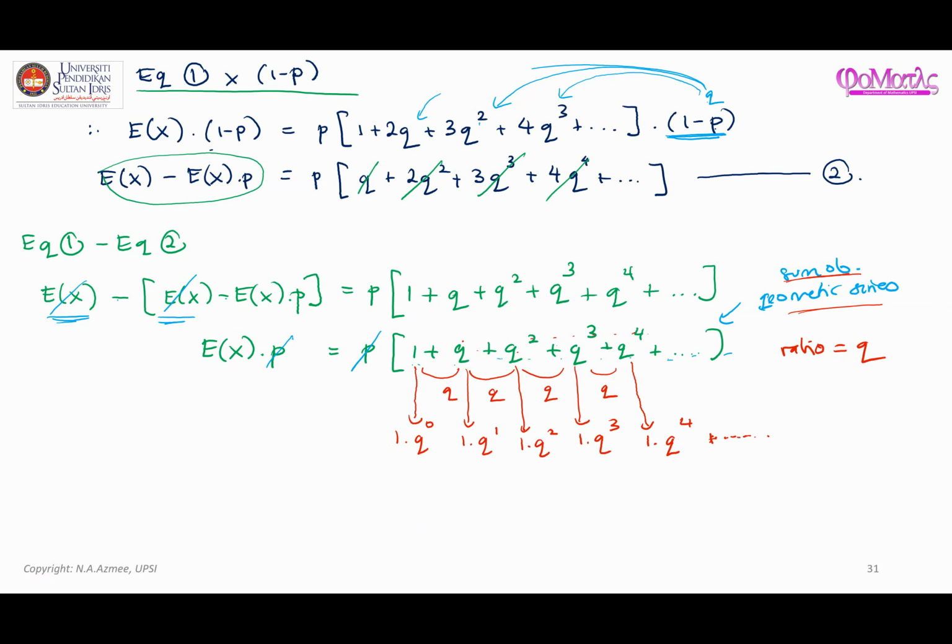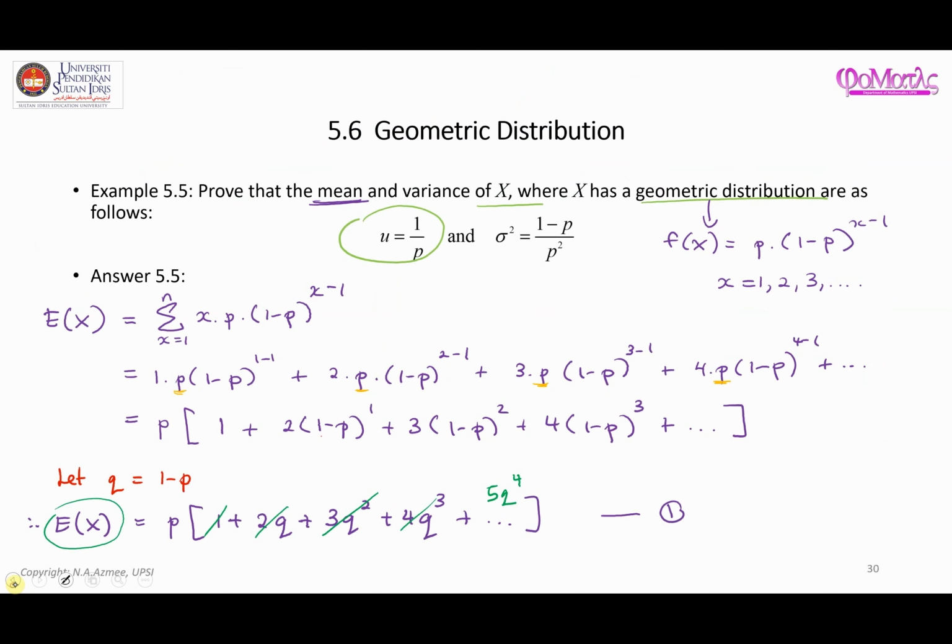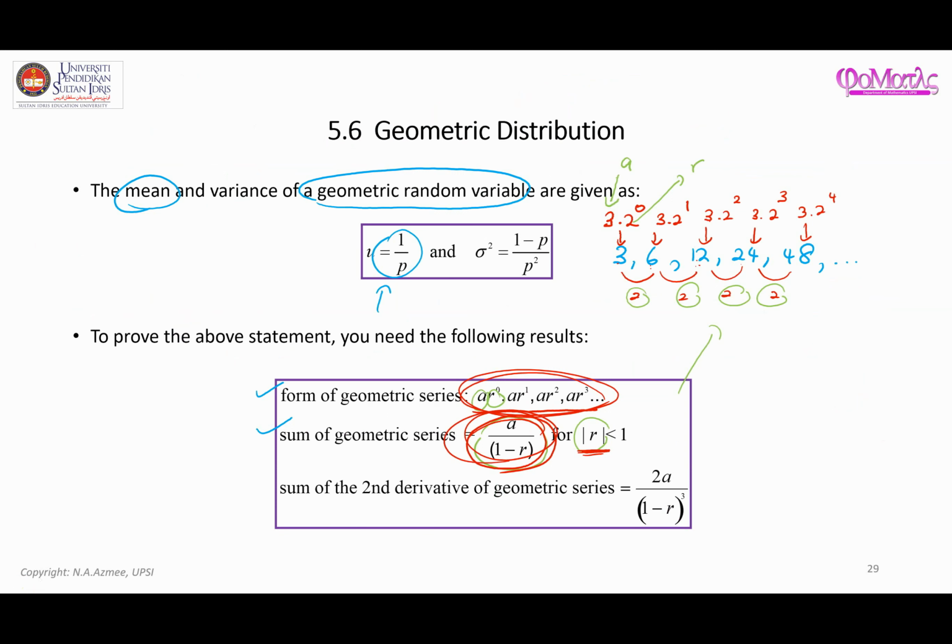What is q? q is the probability of failure, and we know that when you talk about probability, the value is always between 0 and 1. So in this case, we know that q is less than 1. So we can use the formula given by this one right here, which is a over 1 minus r.